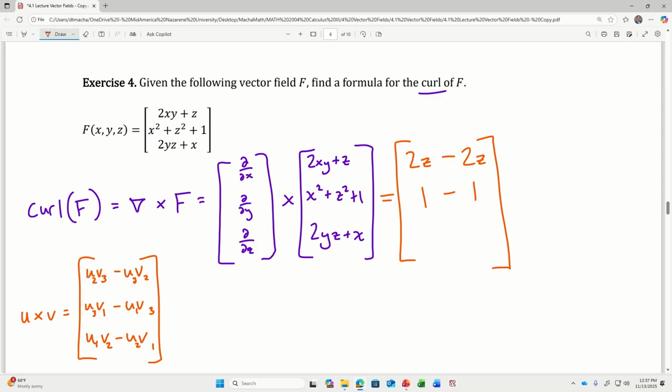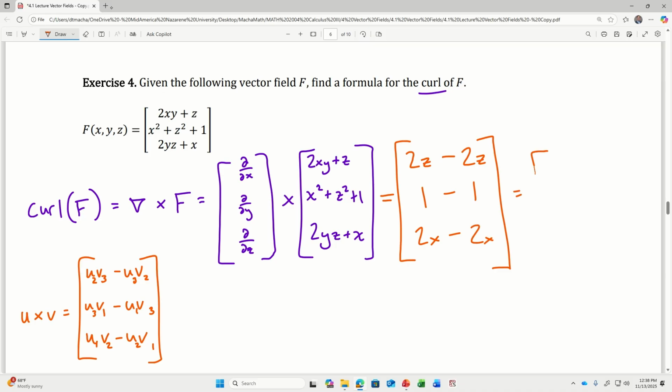And then u1 v2, so the partial with respect to x of x squared plus z squared plus 1. That's 2x. Minus u2 v1, so the partial with respect to y of 2xy plus z. That's 2x.